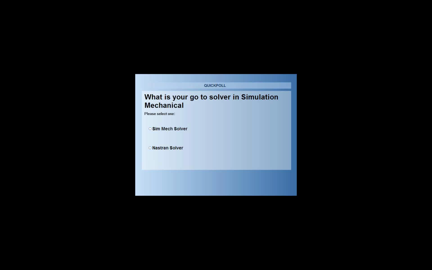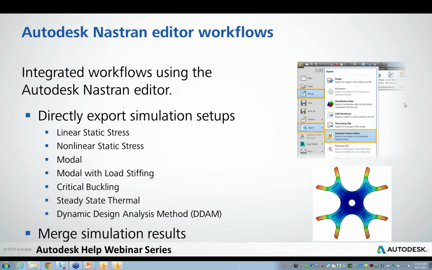Give everyone another 5 or 6 seconds here. And we'll share that. So it looks like 94% of you prefer the Simulation Mechanical solver to the Nastran solver currently. So it's a pretty good margin there. And Sualp, we'll let you continue your demonstration. I'll interrupt a little bit later with some more polls.